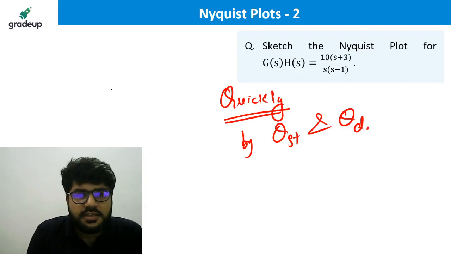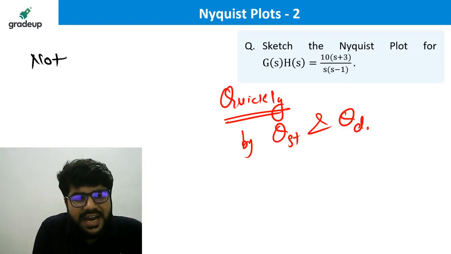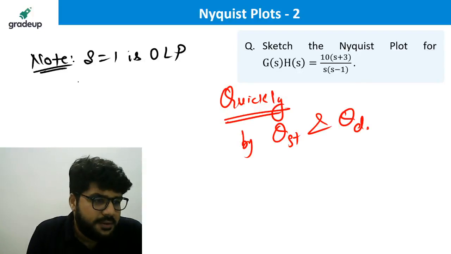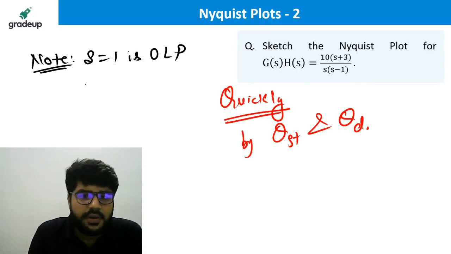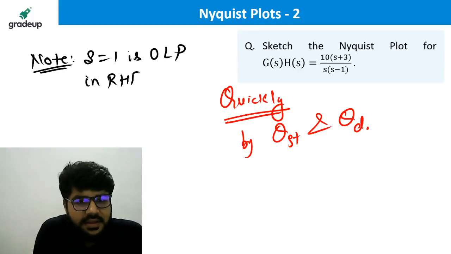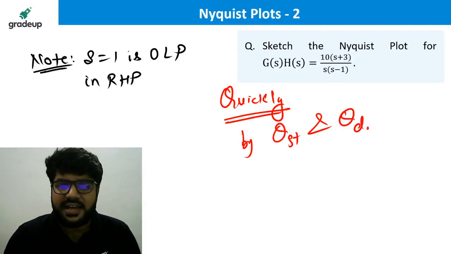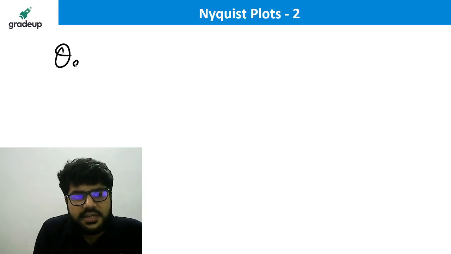Again, please note that before I start any calculation, s equal to 1 is an open loop pole here, in the RHP. So theta start has to be taken carefully. What is theta start?